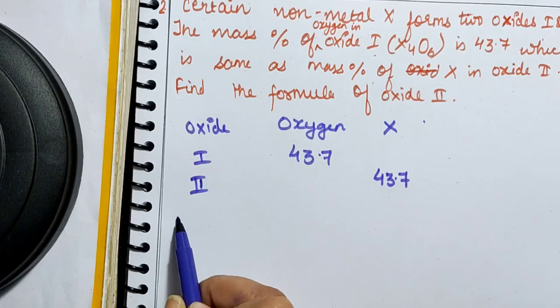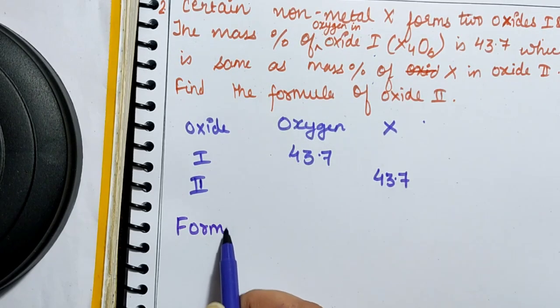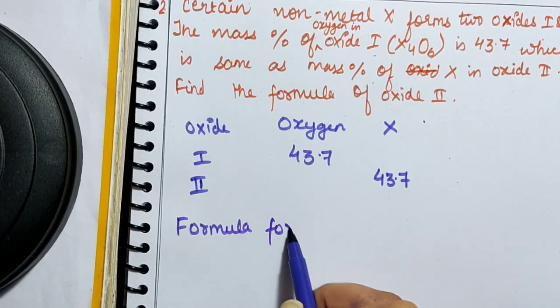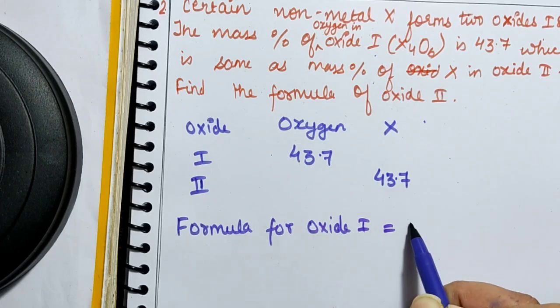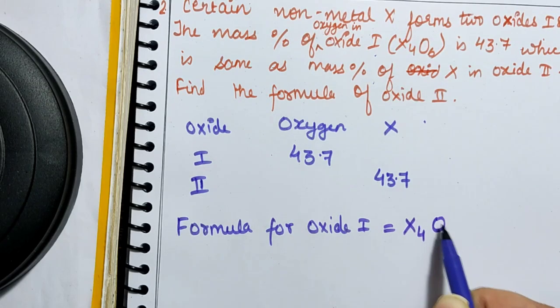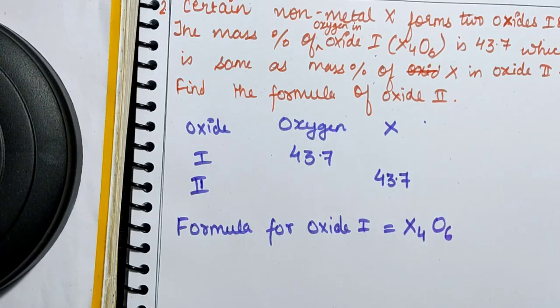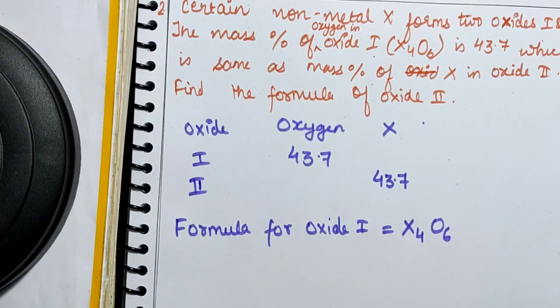Besides this, we have been given the formula for oxide 1, which is X4O6. Right?